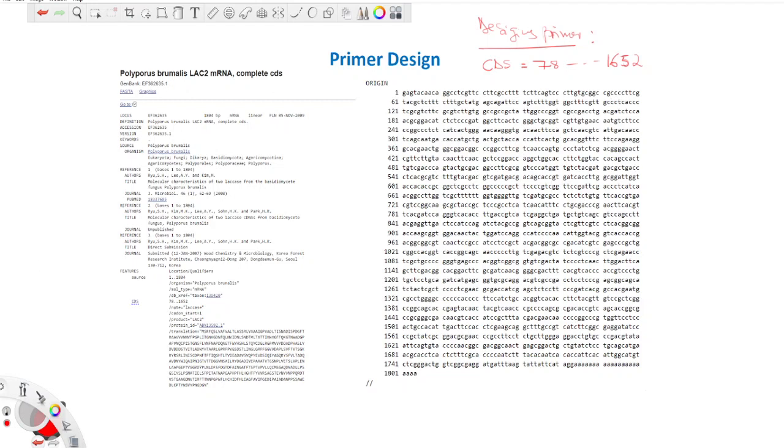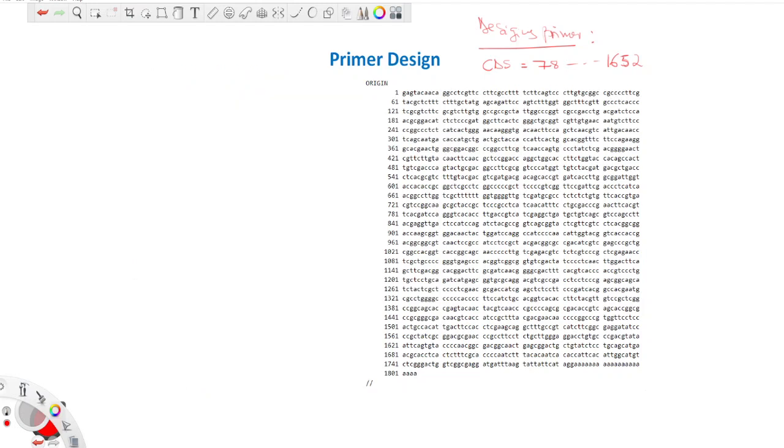There are many ways in which you can do this. I'm just going to remove this one for now; we don't really need it. All you have to do is look for the coding region. The nice thing is that we have the base pairs in bunches of tens. So this is 1, 2, 3, 4, 5, 6, so this is 60, and this is 70.